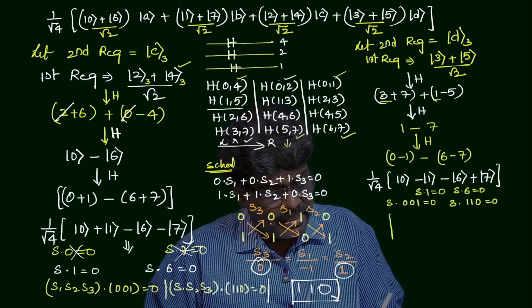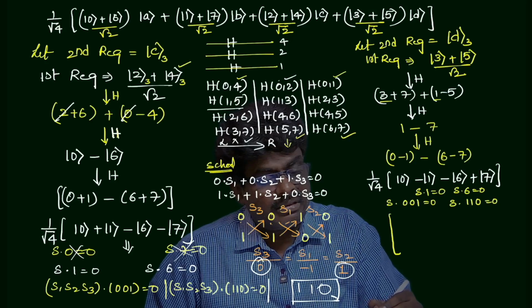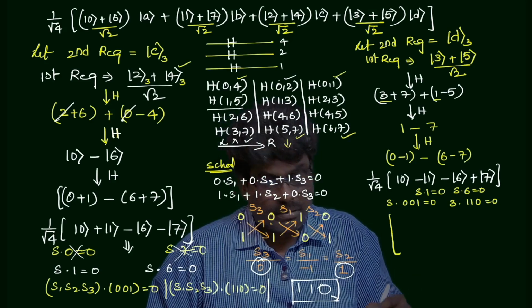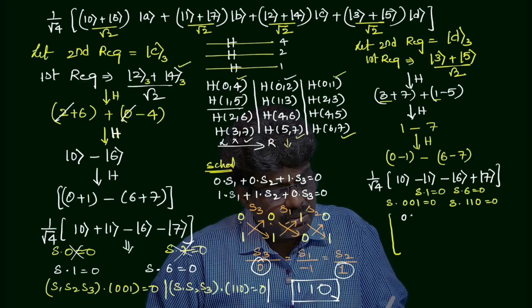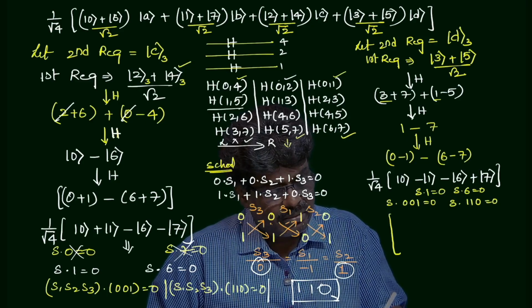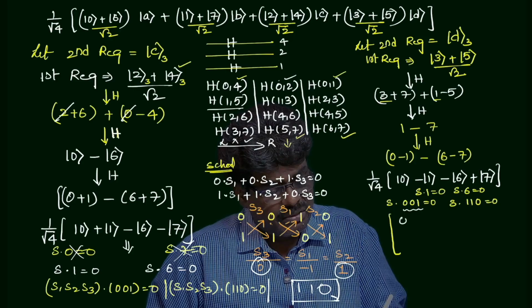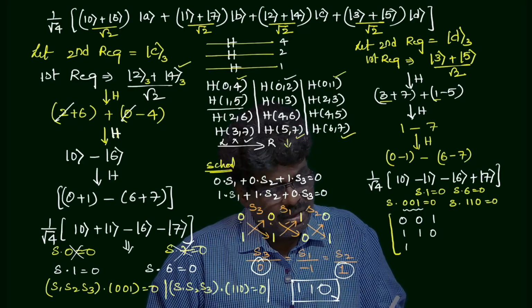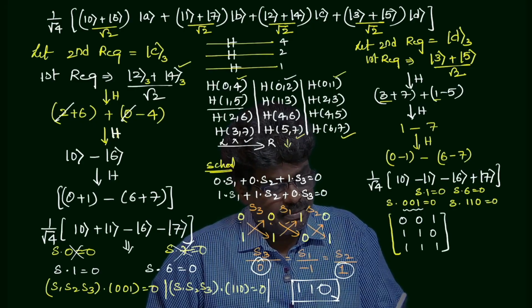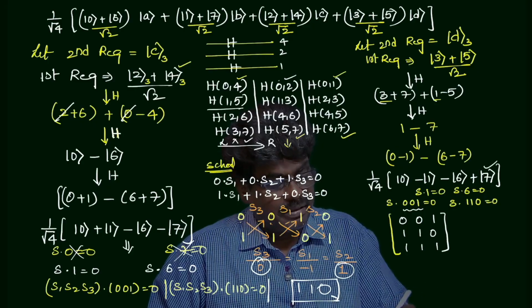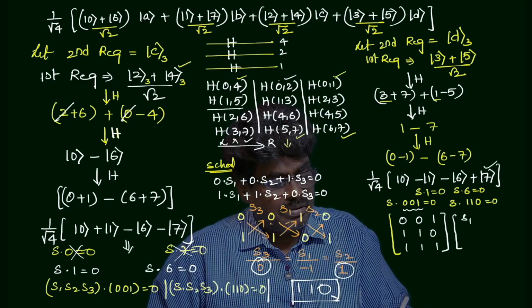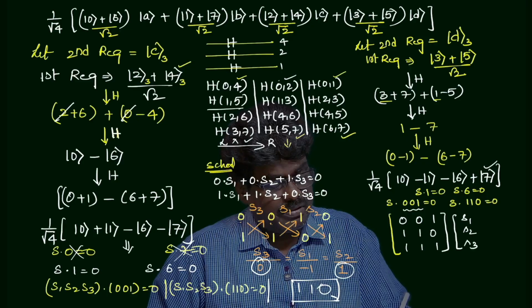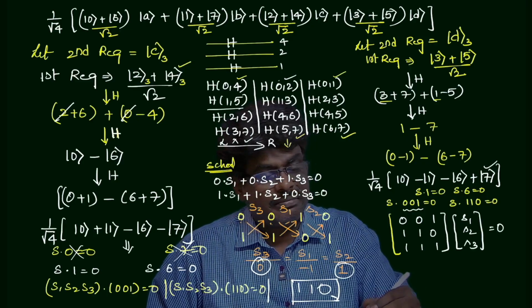If I want to write it as a matrix, just take this one, 0 0 1, next one 1 1 0. I'm taking all ones. Okay, that is a 7, this one I'm taking. So into s1 s2 s3 equal to 0.